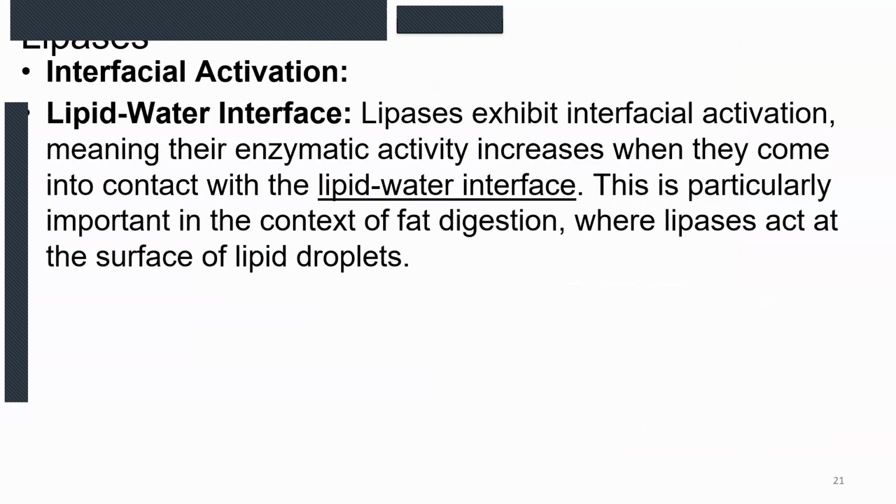But the important part about the interaction between an enzyme and a lipid is what's known as interfacial activation. The lipid-water interface. Lipases exhibit interfacial activation, meaning their enzymatic activity increases when they come in contact with the lipid-water interface.